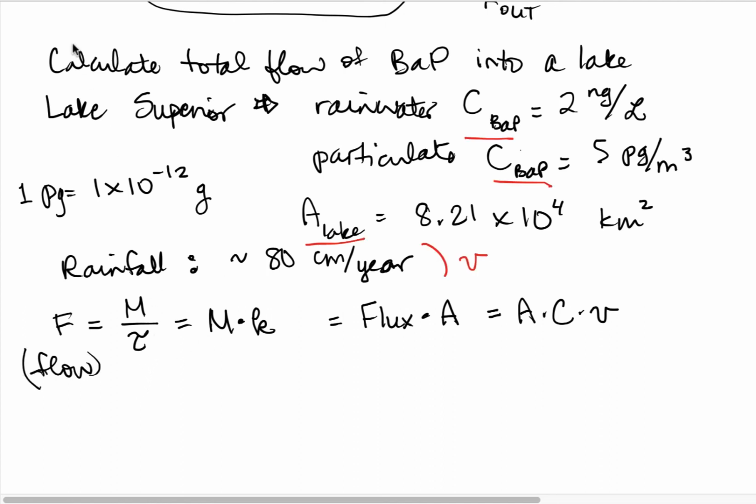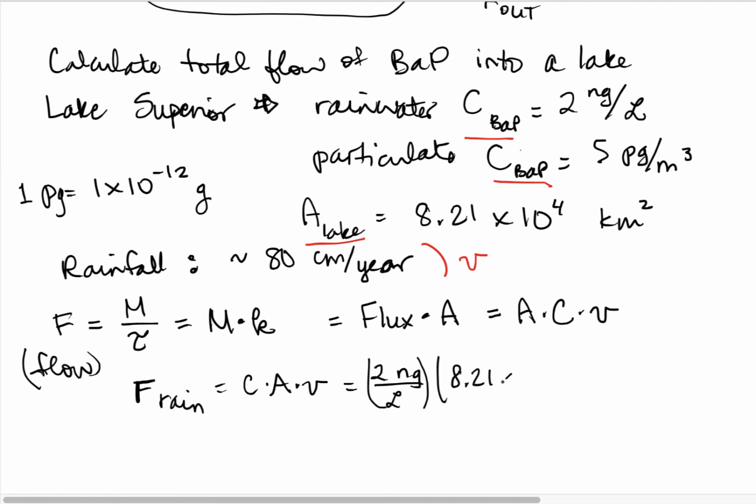Let's go ahead and separate these two components. First, the flow for the rain: we have our concentration, our area, and our speed at which this is deposited. This is our 2 nanograms per liter, the surface area of the lake, and the rainfall of 80 centimeters per year.